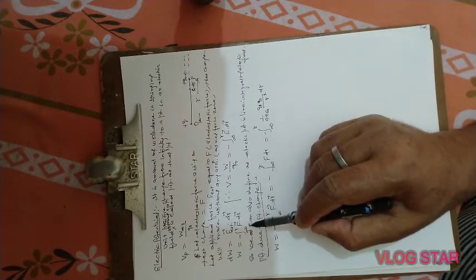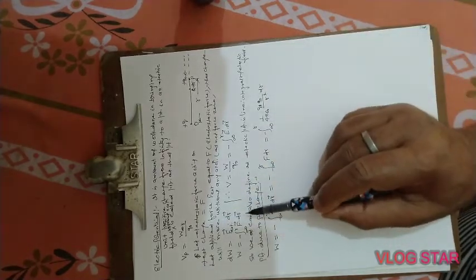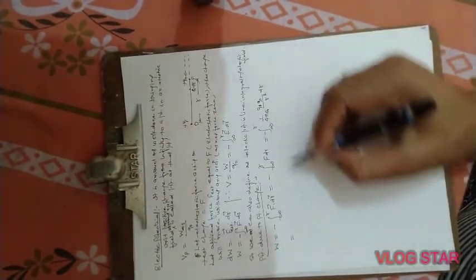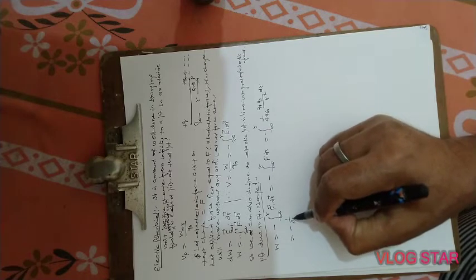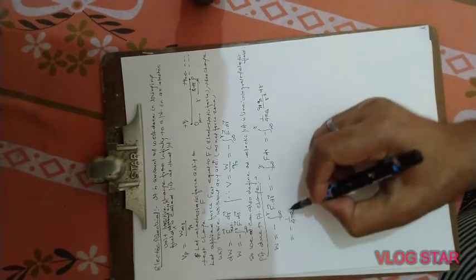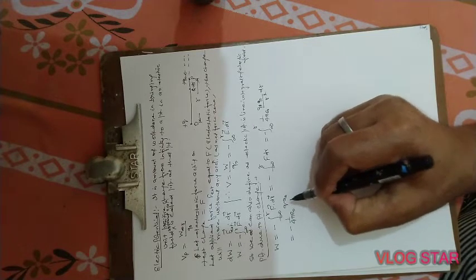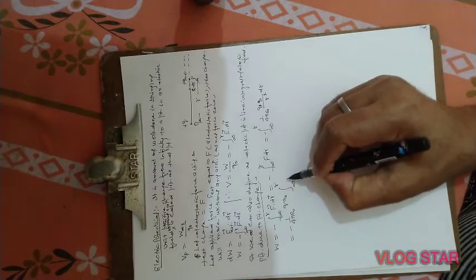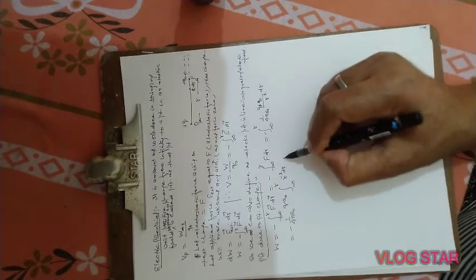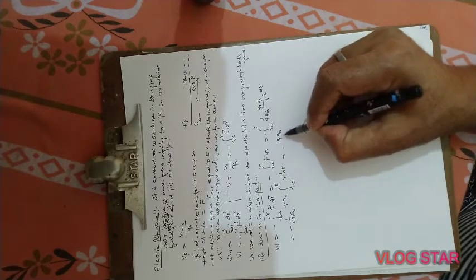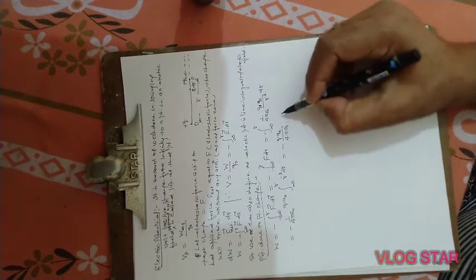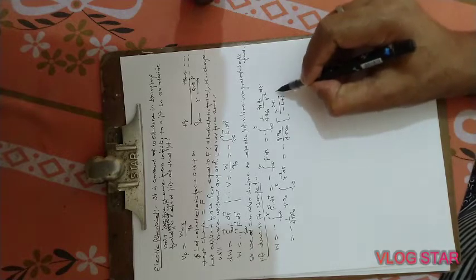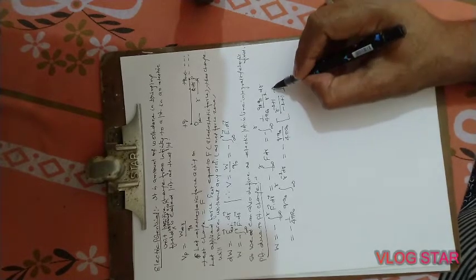Work done is force into displacement. Taking common factors out, this is minus q naught upon 4 pi epsilon naught times the integral of r to the power minus 2 dr, that is r to the power minus 2 plus 1 by minus 2 plus 1, from infinity to r.